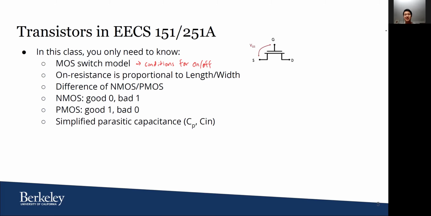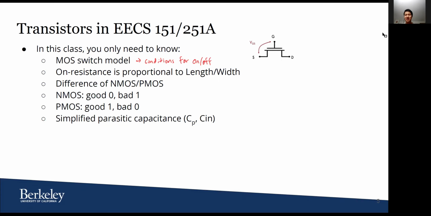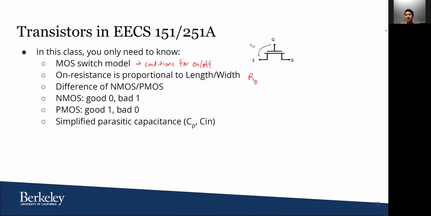The on resistance of a transistor is proportional to the length and the width of the transistor. So R on is proportional to some resistance constant times the L over the thickness and the width of the transistor, which is proportional to L over W.